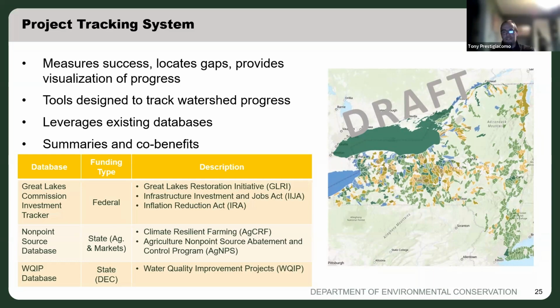It's an internal tracking tool now. Each of those little shapes are HUC 12 watersheds where we are able to link up and harvest from existing databases to see how much and what types of projects are going into each HUC 12. So a HUC is a hydrologic unit code, 12 is a very small subbasin.